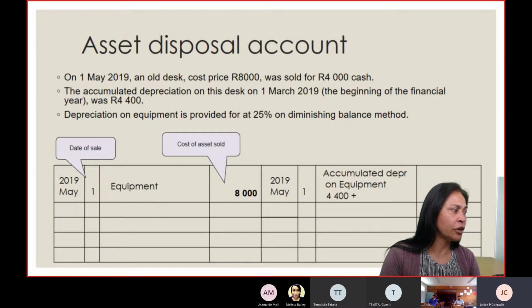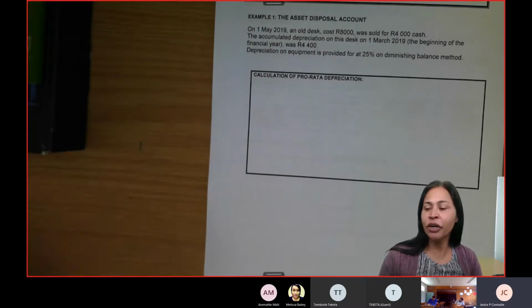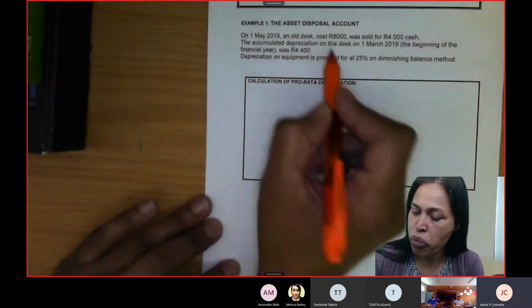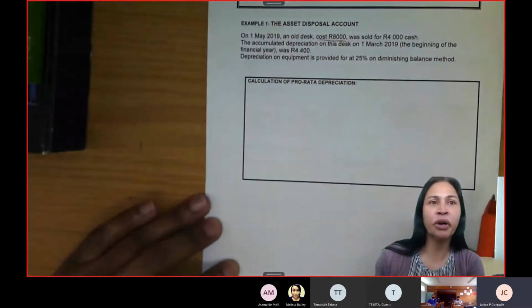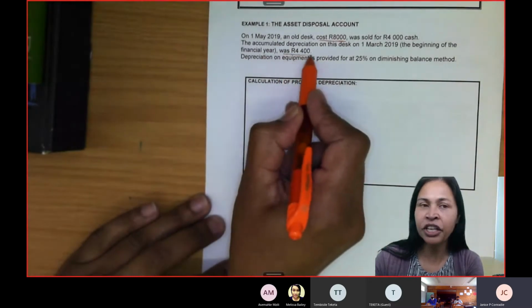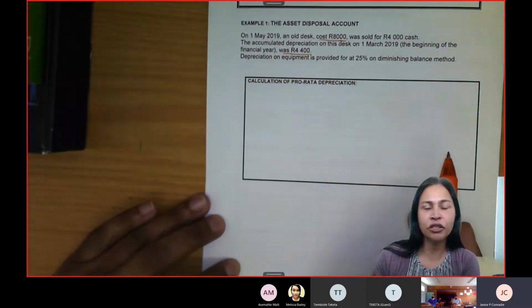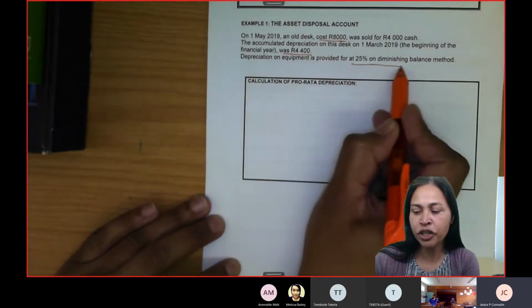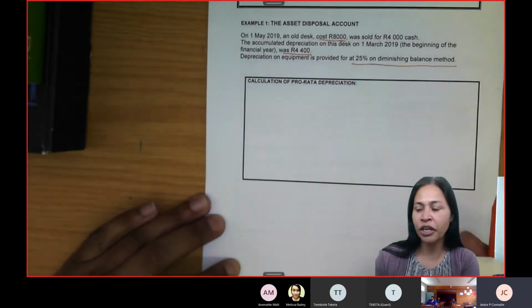Let's calculate that one. So how do I calculate my depreciation? Let us go through the steps again. I have my cost, which is my 8,000. I have my accumulated depreciation at the beginning of the year, which is 4,400. I have 25% on the diminishing balance method.